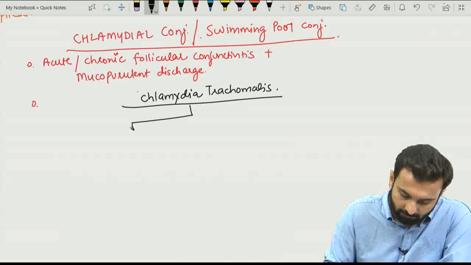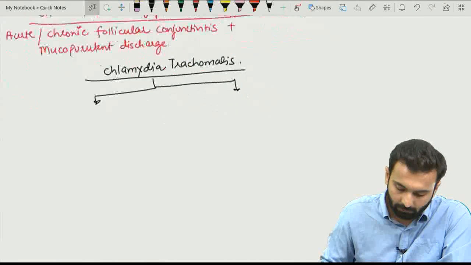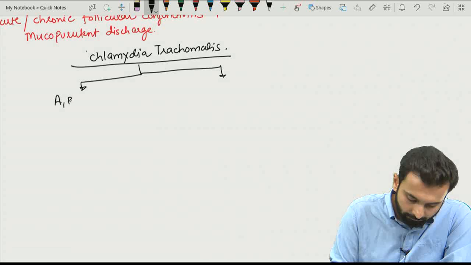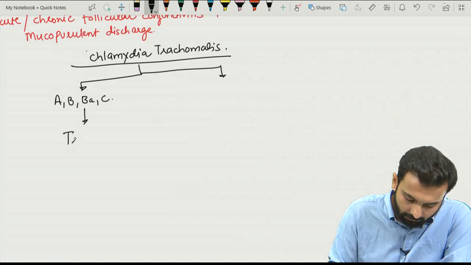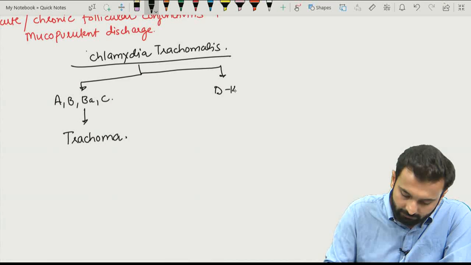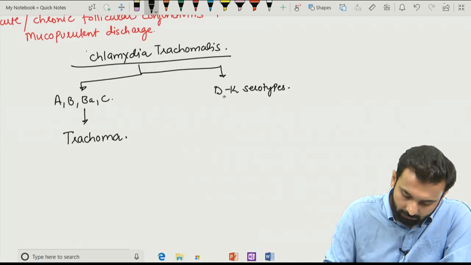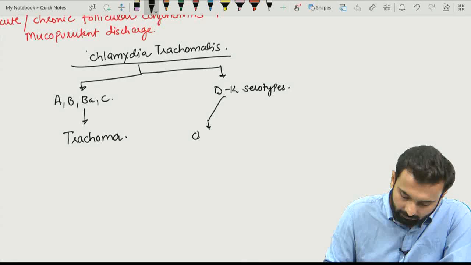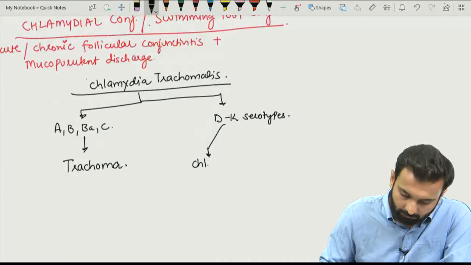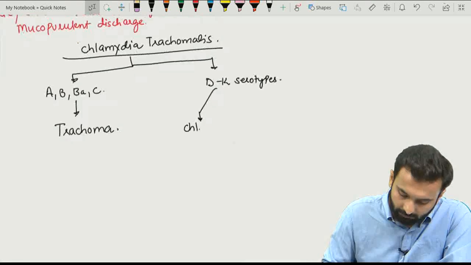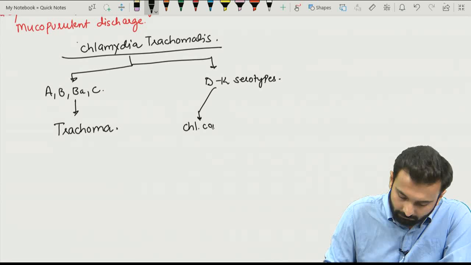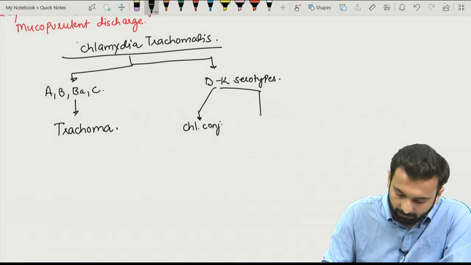It exists in various serotypes. The A, B, and C serotypes can cause trachoma, whereas the D to K serotypes can cause chlamydial conjunctivitis, right?